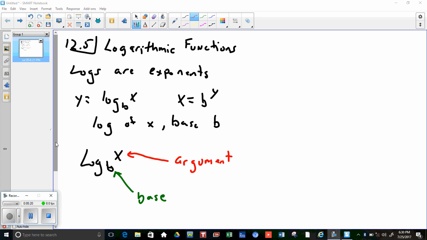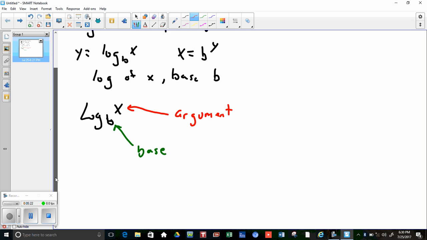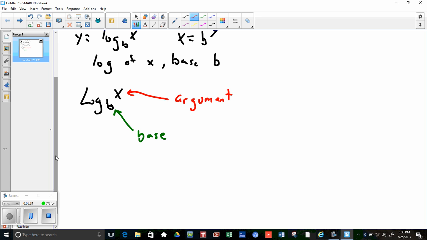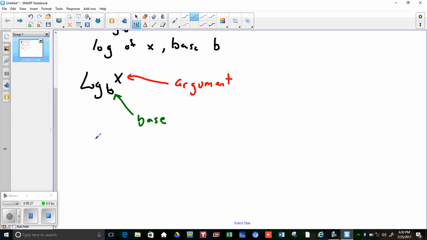One of the things we need to be able to do is, because they are inverses, we need to be able to go back and forth between a log and an exponential equation. So that's what we're going to learn how to do first. This is the easiest thing to do, going from a log to an exponential. It's actually a relatively simple pattern. I guess we'll do it in red. Okay. First example.